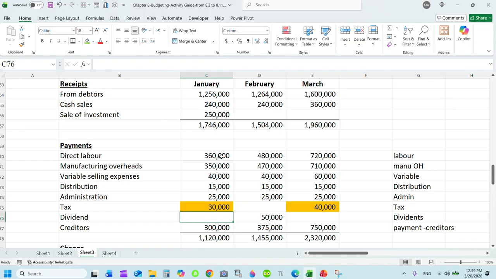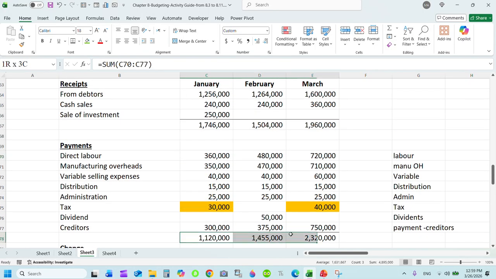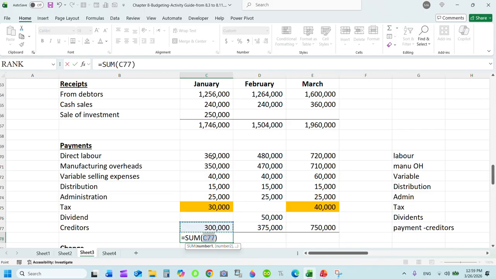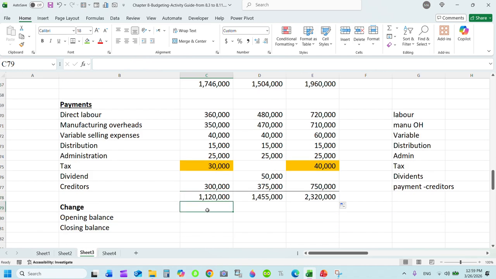And this is our cash payment. We put cash payment. Now we can find out total cash payments like this. Total cash payment. And the difference between cash receipt and cash payment we can find. We can call it changes in cash.